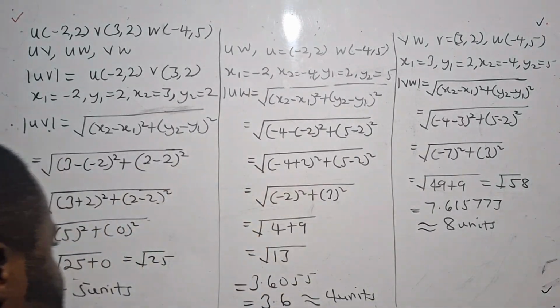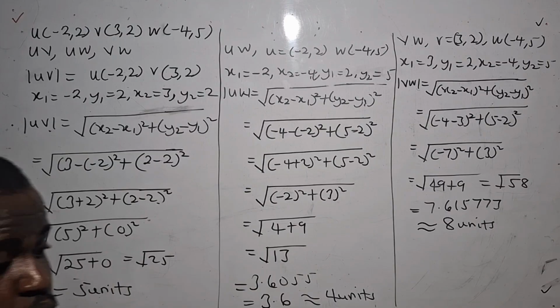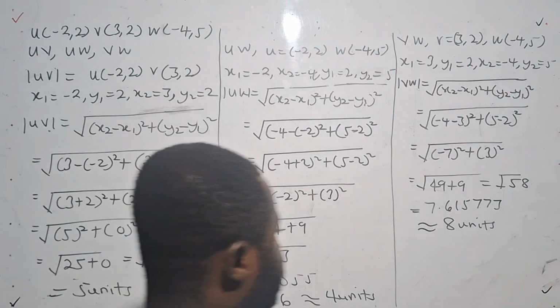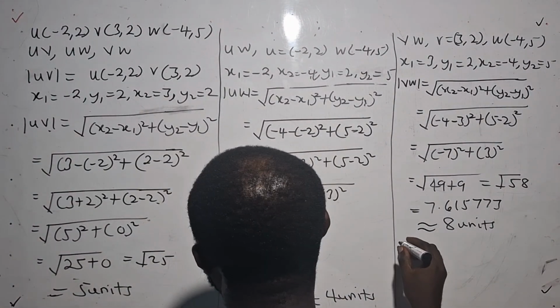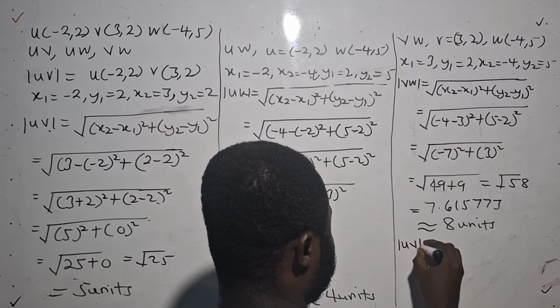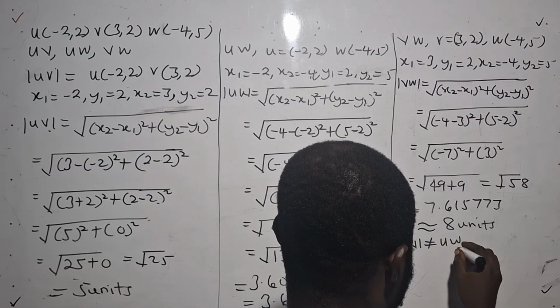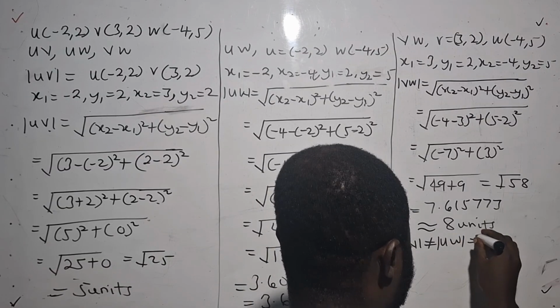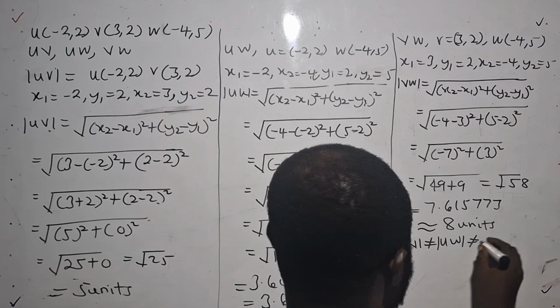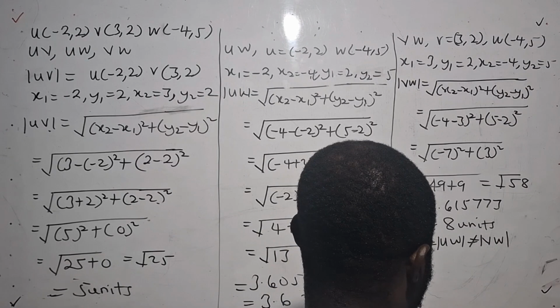What does it tell us? It tells us that none of the sides are the same. And a triangle with different sides is what type of triangle? A scalene triangle. So you can say line UV is not equal to UW, which is also not equal to VW.